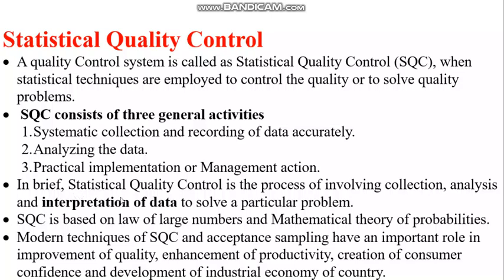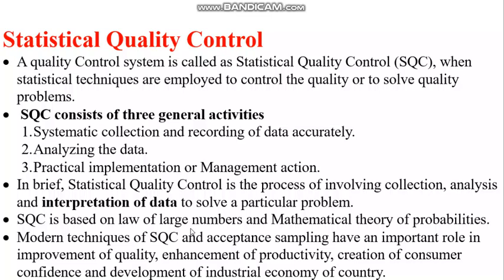So statistical quality control is the process of involving collection, analysis, and interpretation of the data to solve a particular problem related to quality. Statistical quality control is based on the law of large numbers and the mathematical theory of probabilities. This probability theory of mathematics we are going to use, and the numbers involved are many, a large number of things.